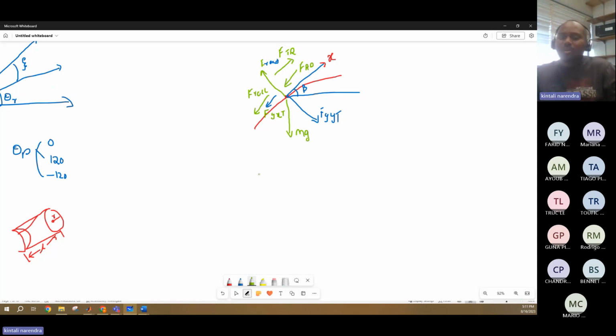These are the most important forces you can imagine when the vehicle is moving on an inclined road.